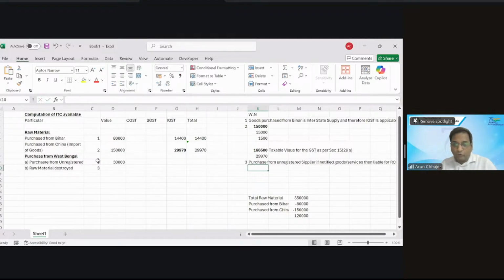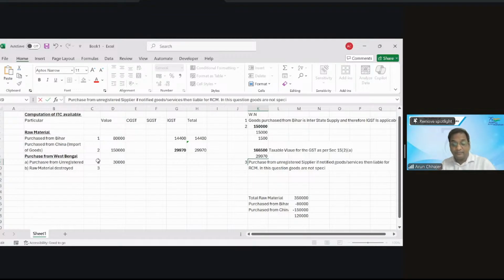In the absence of information, we can say in this question, goods are not specified, therefore not liable for RCM. Is it okay? Quickly tell me, is it okay?